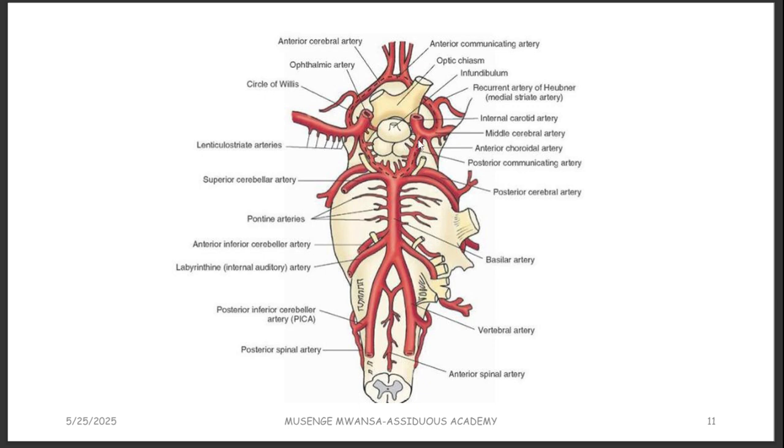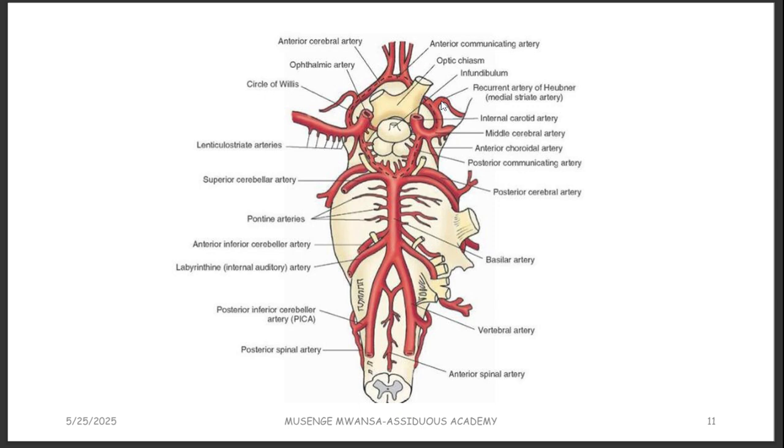And then you are going to have the posterior communicating. This is part of the internal carotid. And then the internal carotid itself is shown medially. And then remember, on the posterior aspect, that's where you have got the anterior choroidal coming out. And then you have got going laterally the middle cerebral, and then going in front, that is going to be the anterior cerebral, not cerebellar, cerebral.